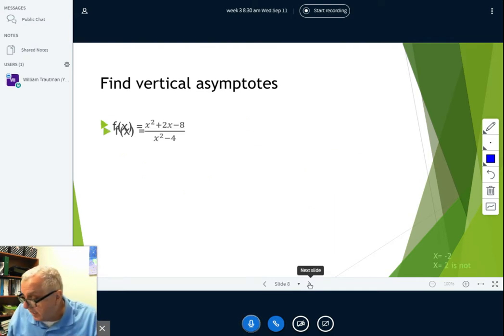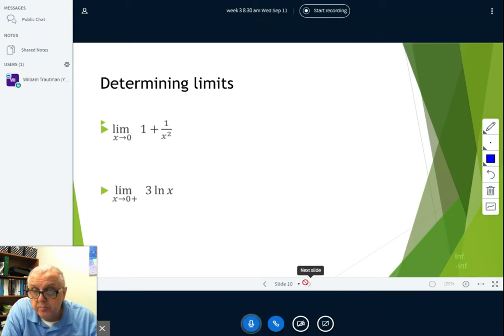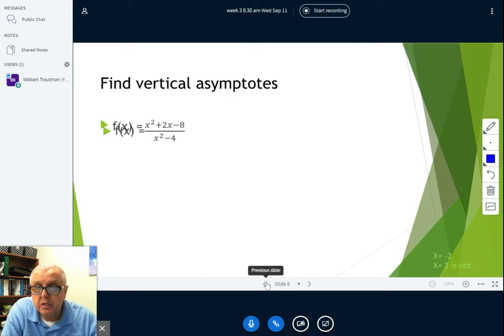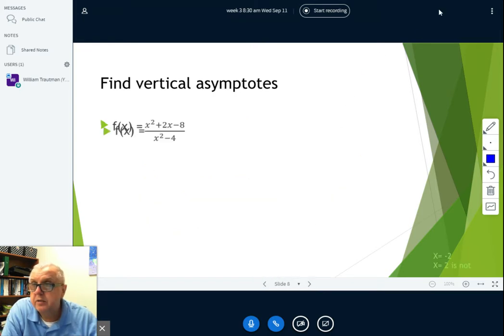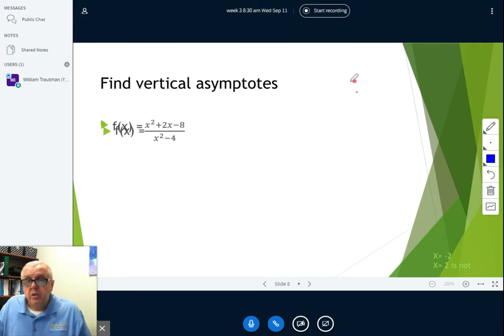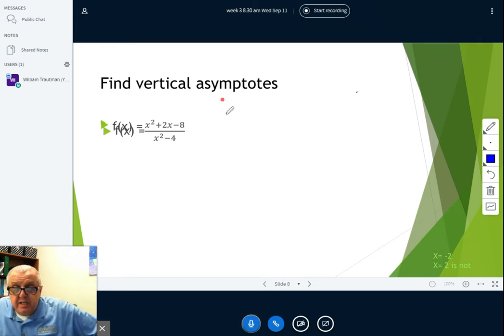Find the vertical asymptote here. I think this is kind of important. So let's find these asymptotes.